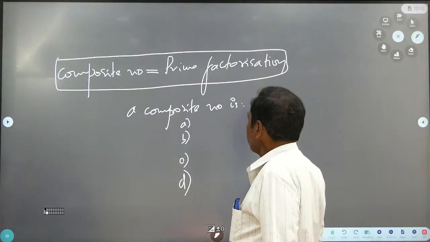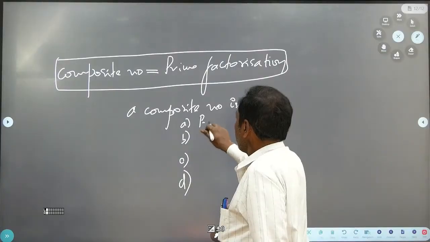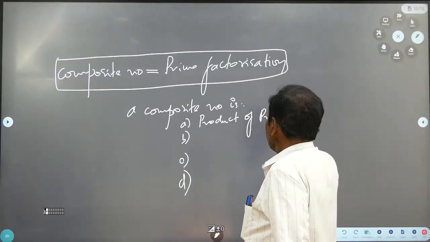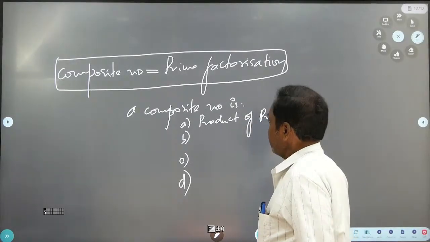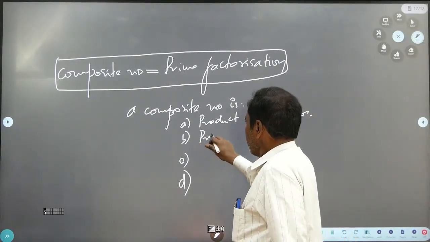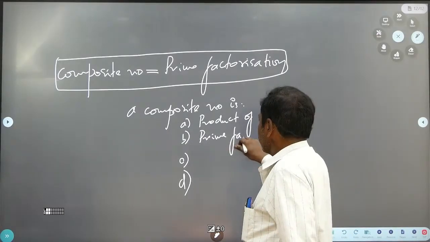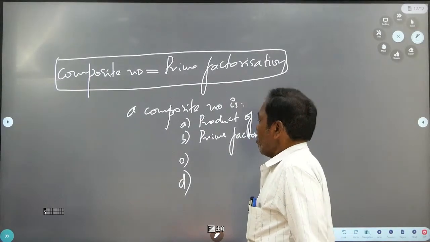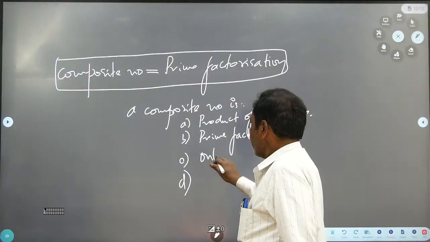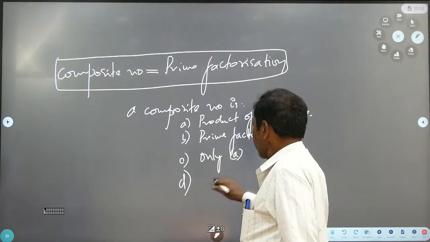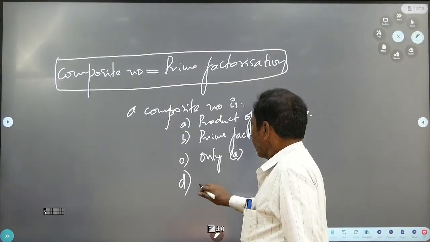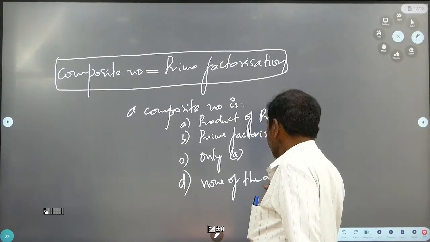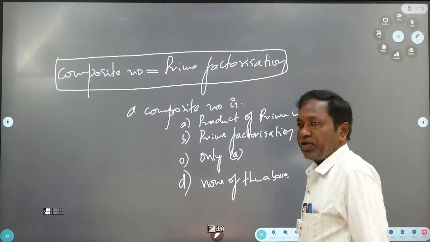A number is a product of prime numbers, prime factorization, only A, none of the above.